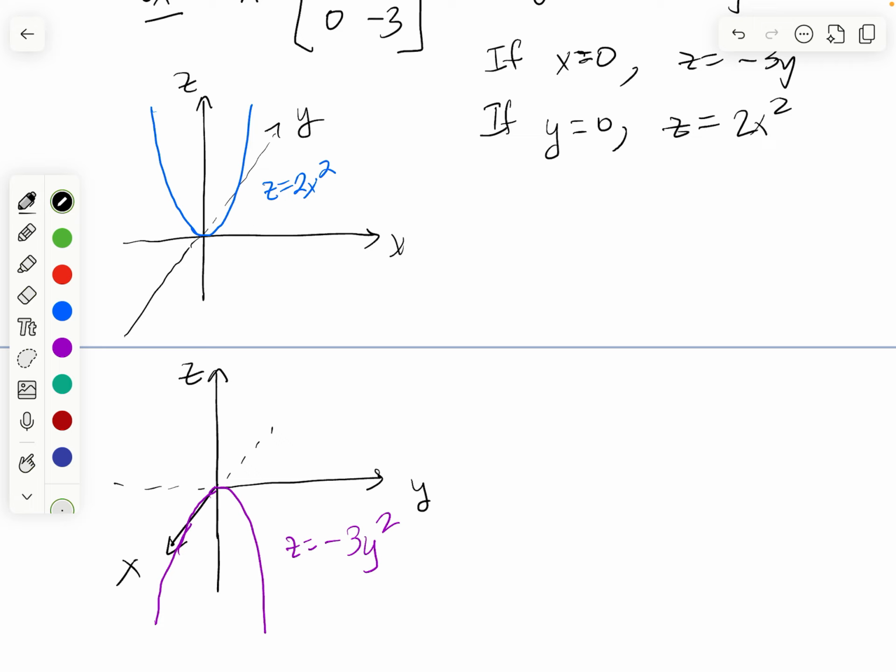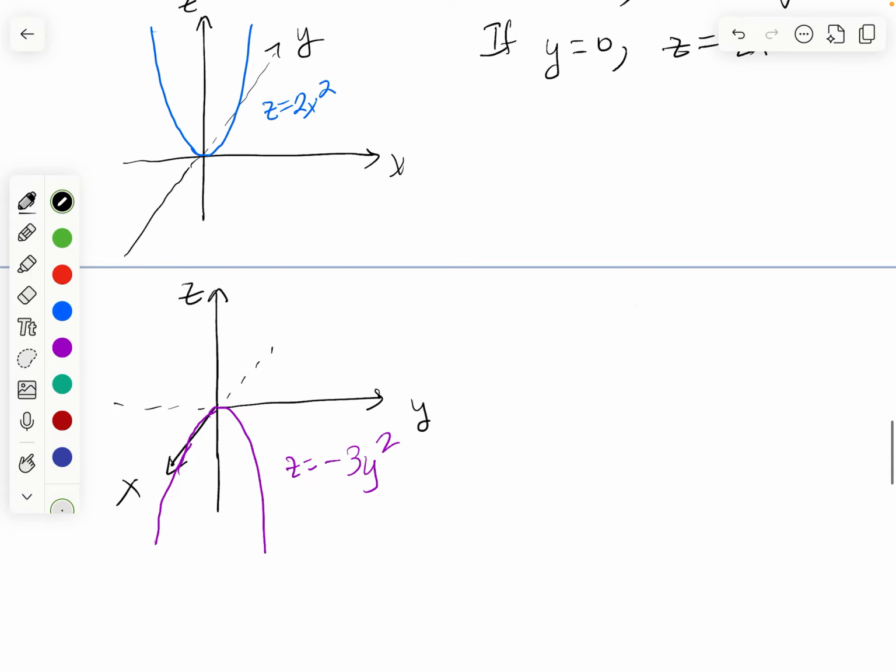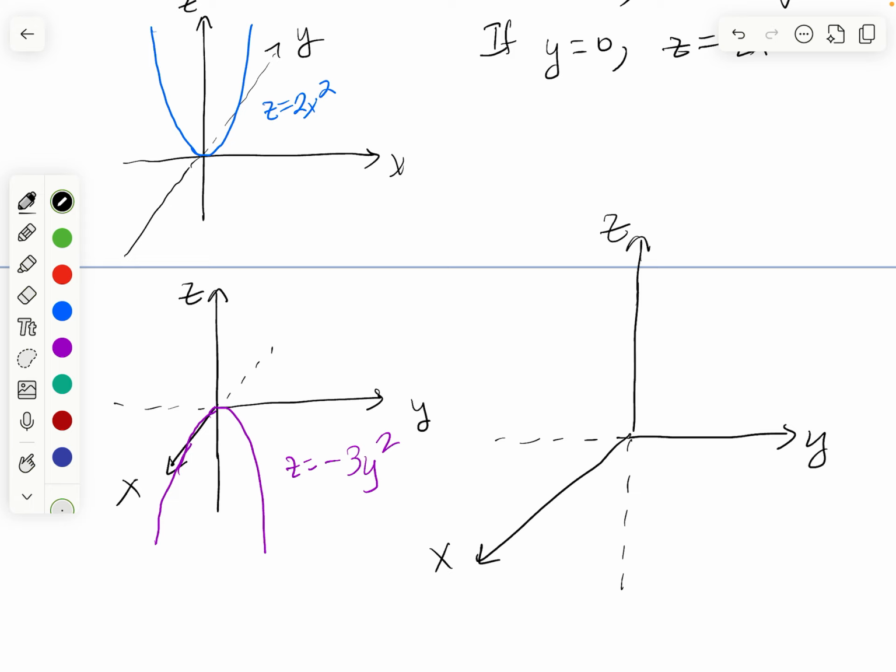And it ends up looking, if we try to put the pieces together, so here's the x-axis, y-axis, z-axis. From the perspective of the yz plane, it's this negative parabola. So it's like this.